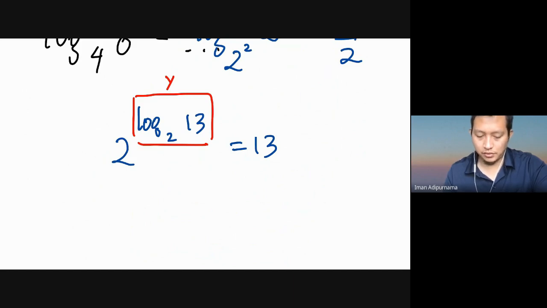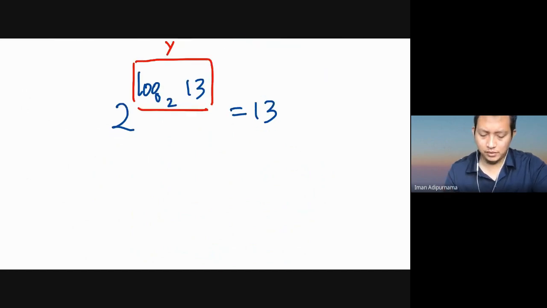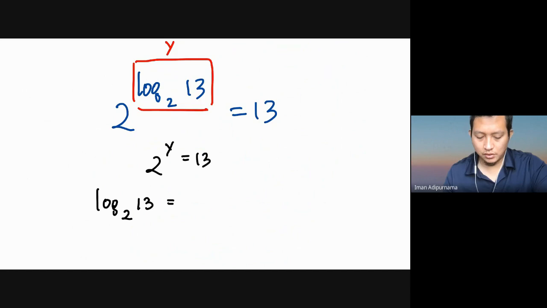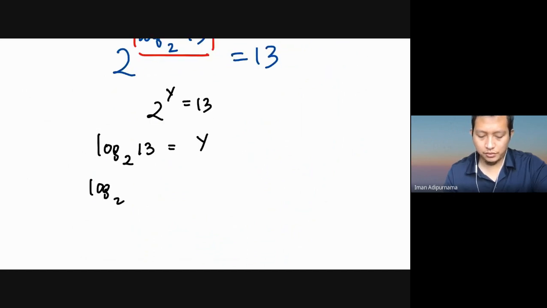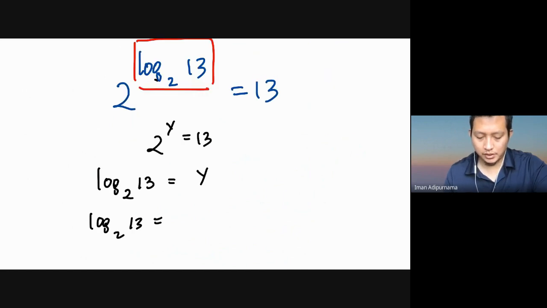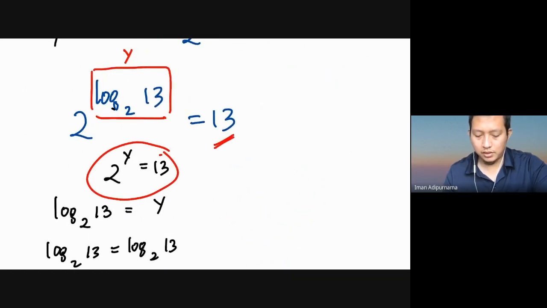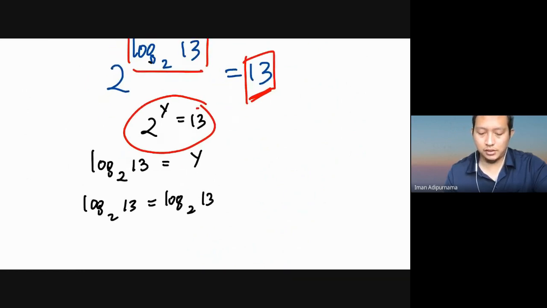Sometimes when you look at this, your mind will be mixed between exponent and log, and you cannot think clearly on how to solve this. So if you want to make it into 2 with power of y equals 13, then you can get log base 2 of 13 equals y, and log base 2 of 13 is the same as log base 2 of 13, which we clearly see is true. So our answer 13 is true. This is the confirmation.